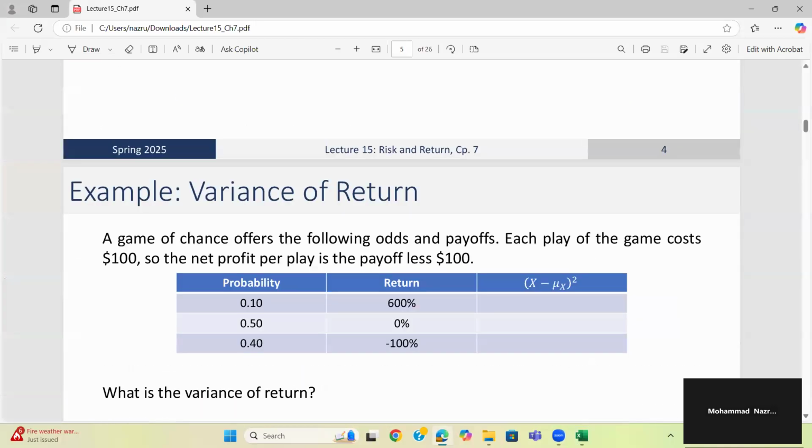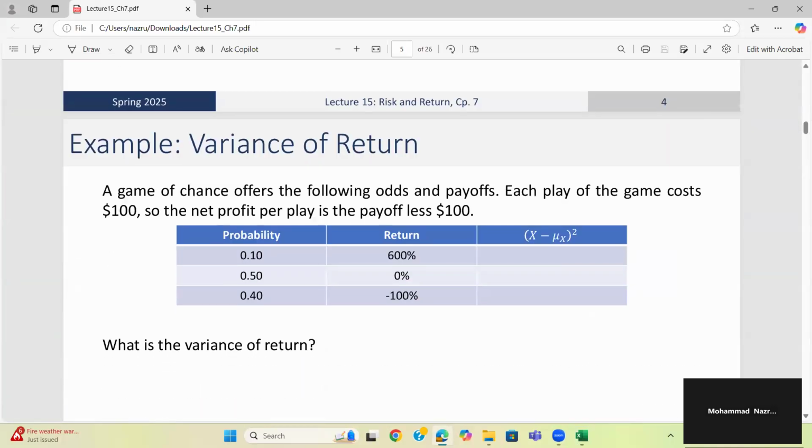All right. In the next part, we need to calculate the variance of return. So now we know that our return is 600, where our return is 0%, and there is negative 100% return, and there is an associated probability there. So for the variance, what we do is make the squared difference from each of the returns to their expected return to get the variation from the mean, right?